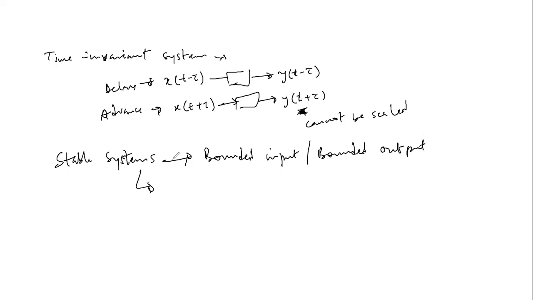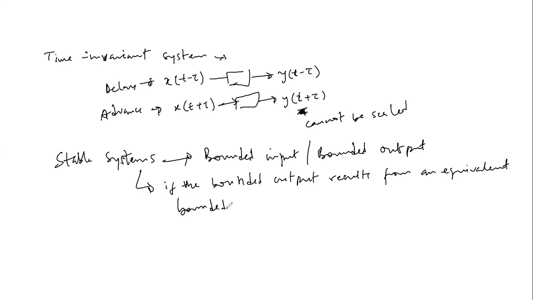So a system is stable if the bounded output results from an equivalent bounded input at any given instance of time.